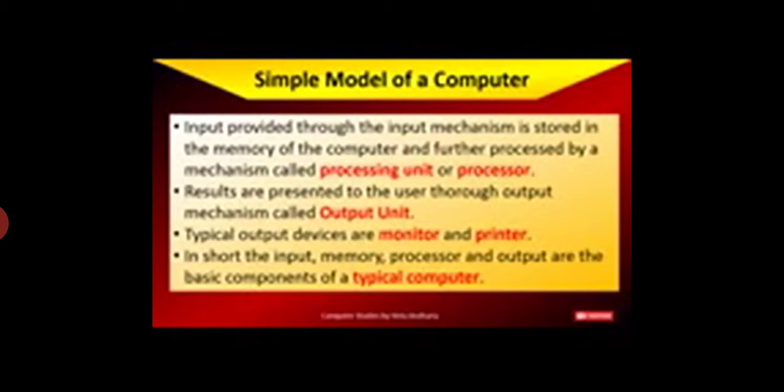In between there is so much process taking place, which is done by the processing unit or processor. Results are presented to the user through the output mechanism called the output unit. Typical output devices are the monitor and printer. In short, input, memory, processor and output are the basic components of a typical computer.